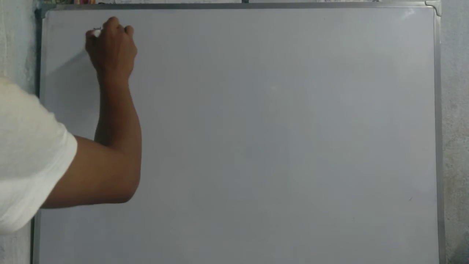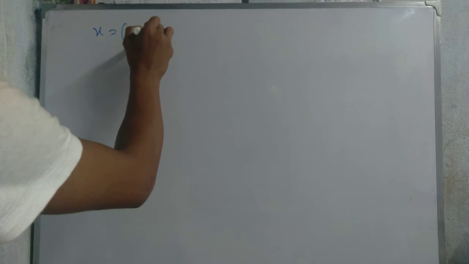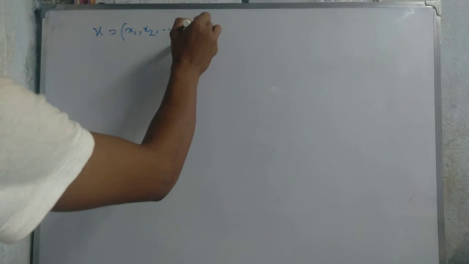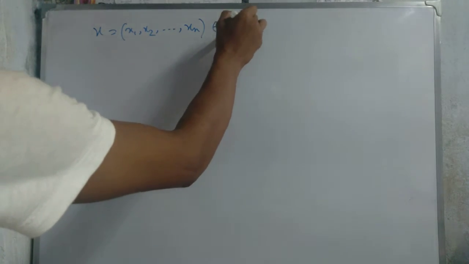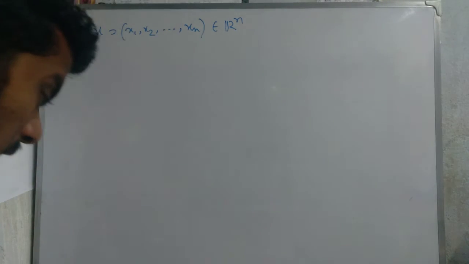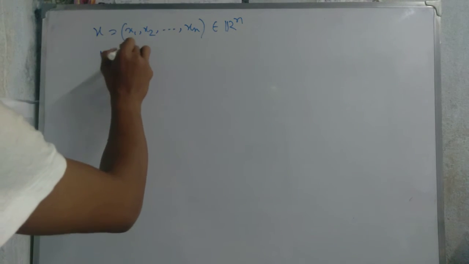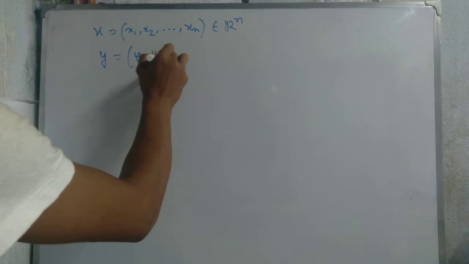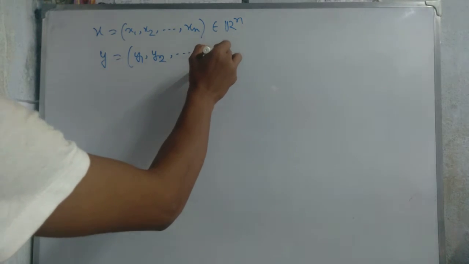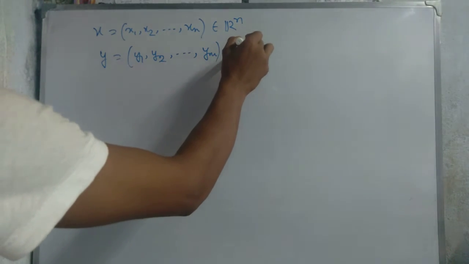Now let x equal to (x1, x2, ..., xn) belongs to Rn and y equal to (y1, y2, ..., ym) belongs to Rm.